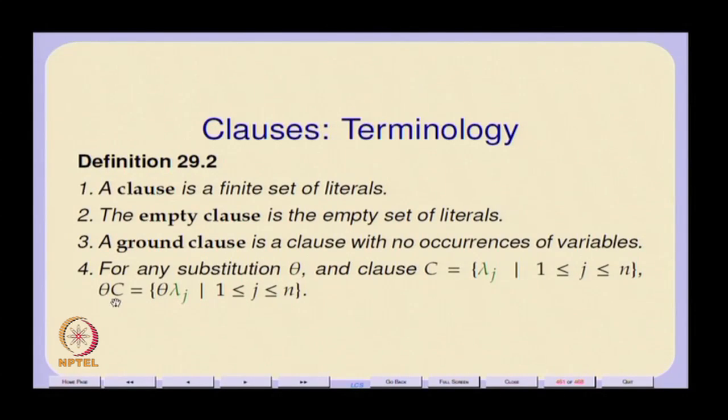So theta C is just theta applied to all the literals in the clause, and in particular if theta is a ground substitution, which means all the variables are replaced by ground terms, then what you get is a ground clause, a collection of ground literals.